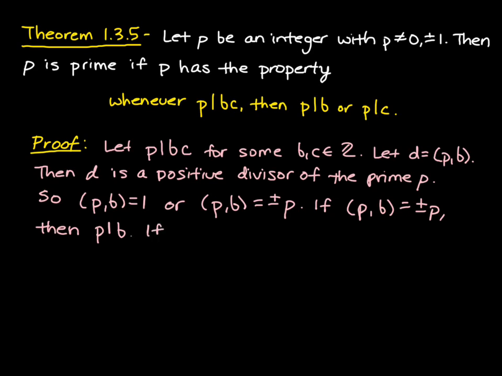On the other hand, if p and b are relatively prime, since p divides bc, we have the precise setup of theorem 1.4 that we discussed earlier, which tells us that if the greatest common divisor of p and b is 1, and p divides bc, then p has to divide c.